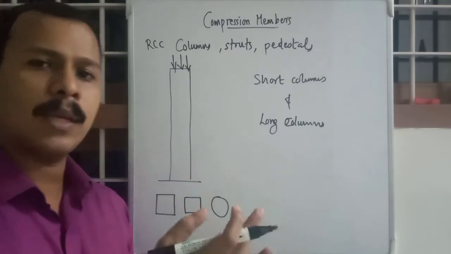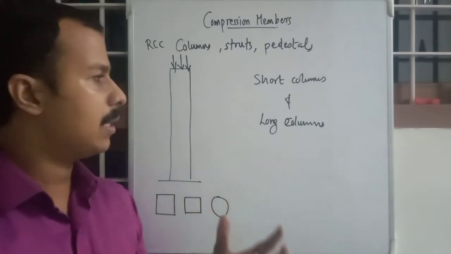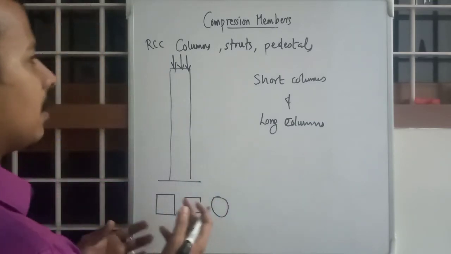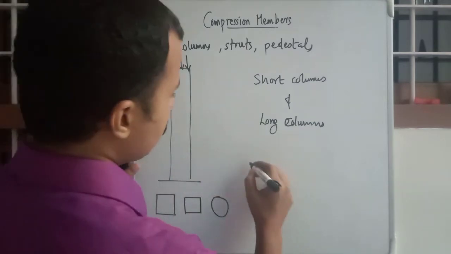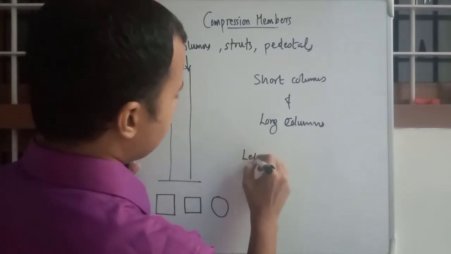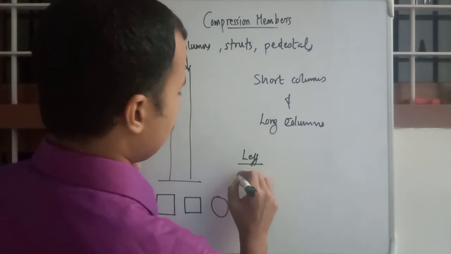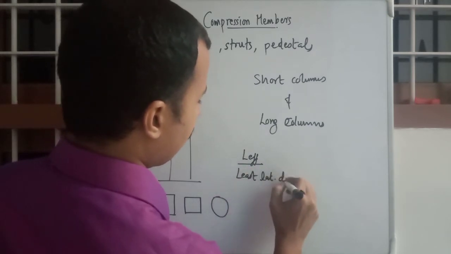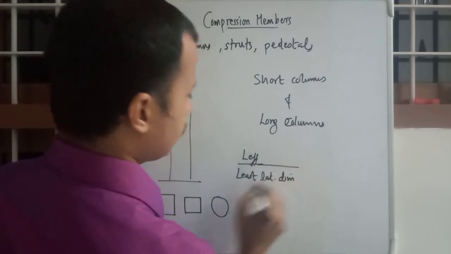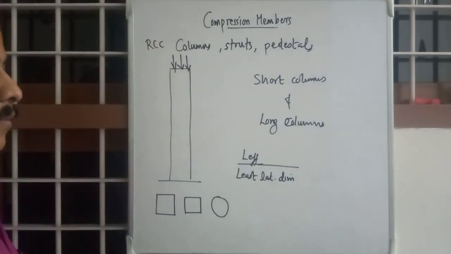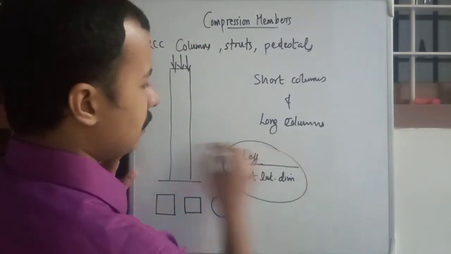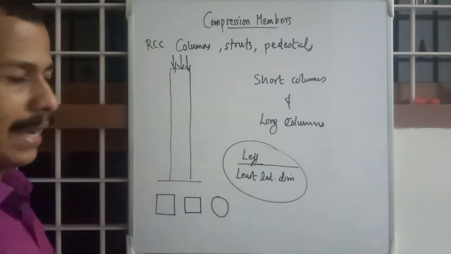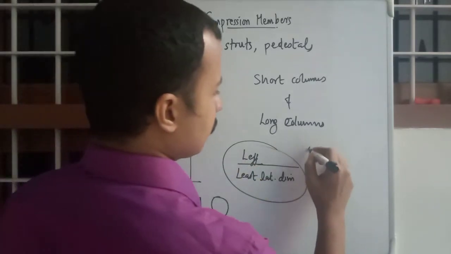It's similar to one-way slab and two-way slab in slabs. The ratio is L effective by least lateral dimension, and this is the deciding ratio. You know what L effective is? Effective length.